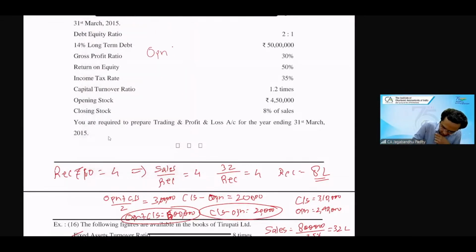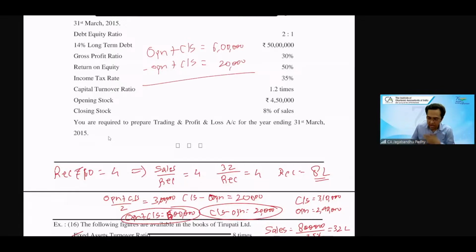See, opening plus closing, it is 6 lakh. Right? And then you have minus opening plus closing is 20,000. You just add them. So 6 lakh plus 20,000.